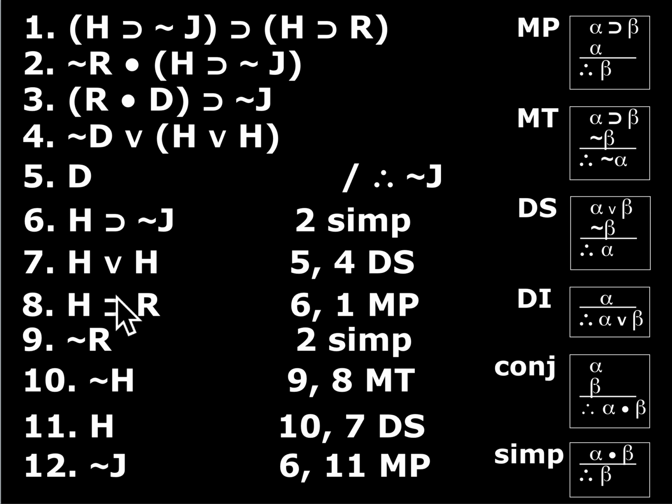Okay. The second question you might have is, look here, we managed to derive both a statement and its negation. And you might think, that looks fishy, Rick. In particular, you might think, hey, Rick, I thought our rules were truth preserving.